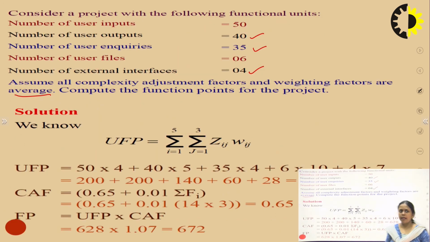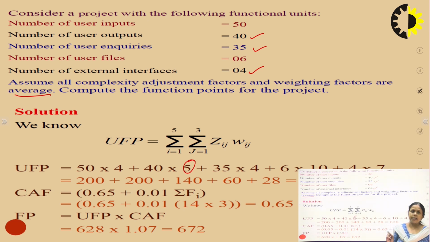You can see here the UFP is equal to the summation of Zij and Wij, where firstly we will calculate 50 into 4, because 50 is the number of inputs and 4 is the average weighting factor for the external user input. Next, 40 is the external outputs and 5 is the weighting factor for the average value. Fine.